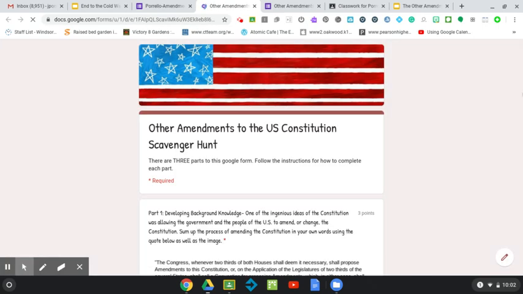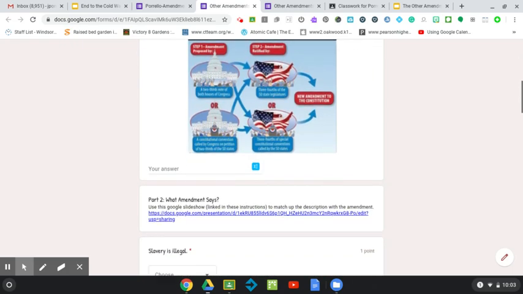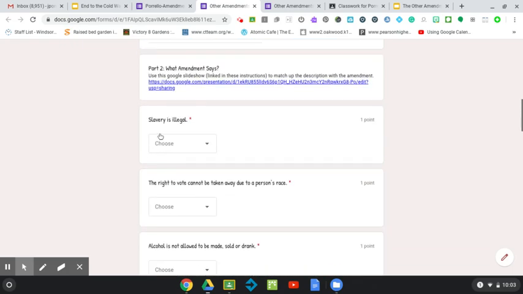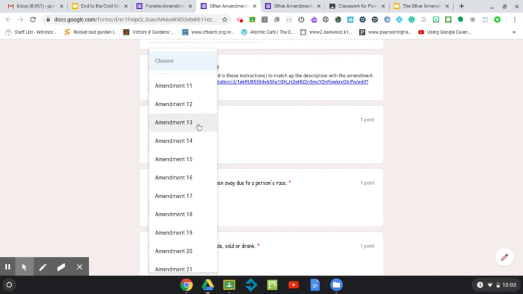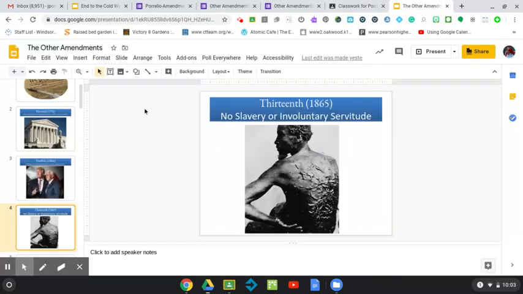Get a little preview so you can see what it looks like. Okay, so you would have this little drop-down box. You would pick Amendment 13 because we saw on our slideshow, the 13th Amendment made slavery illegal.